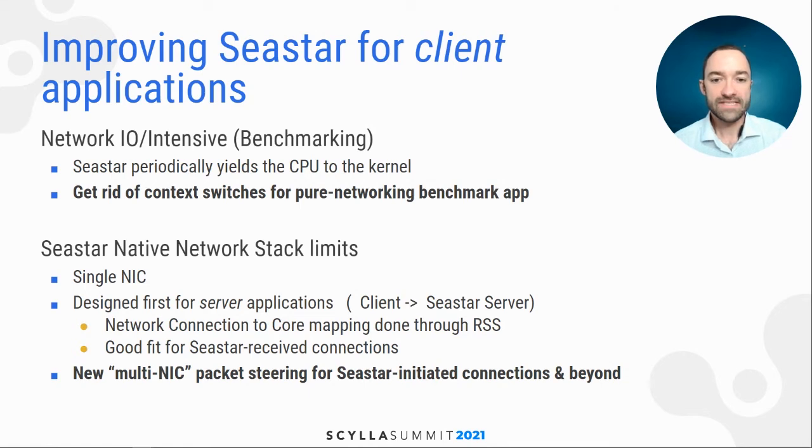By this, I mean that we have a client that connects to a Seastar-based server, and the network connection to core mapping is done through RSS, which is receive side scaling, a feature of network interface cards designed precisely for server applications. It's a good fit for Seastar receiving connections. However, when Seastar initiates a connection, it's not so great. So what we did is implement a new multi-NIC packet steering mechanism for Seastar initiated connections and beyond.